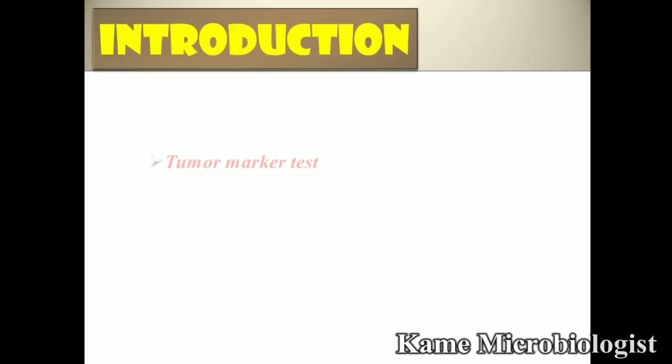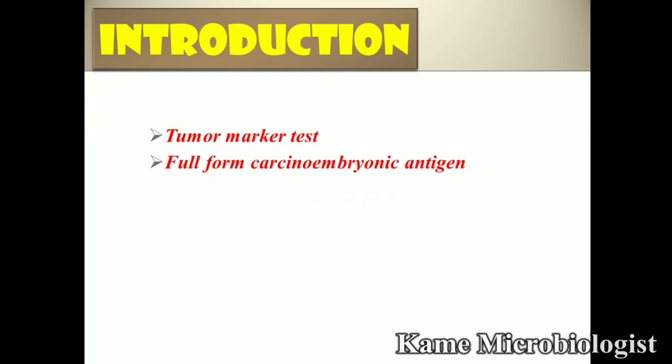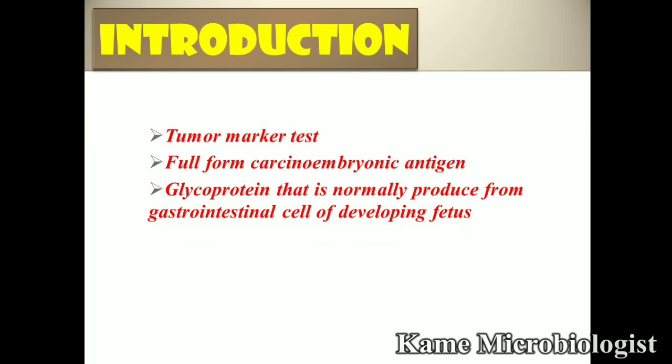Let's see the introduction. CEA is actually a tumor marker test. The full form of CEA is carcinoembryonic antigen. Now what is CEA? It is a glycoprotein, or we can say an antigen, that is normally produced from the gastrointestinal cells of the developing fetus.